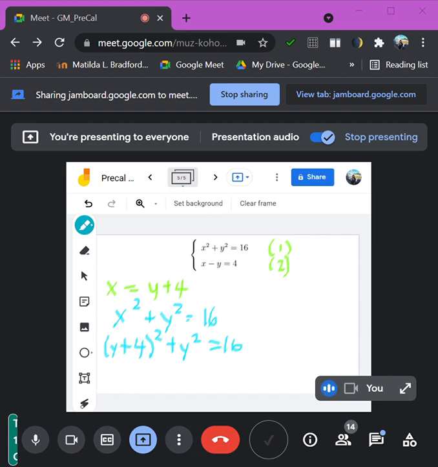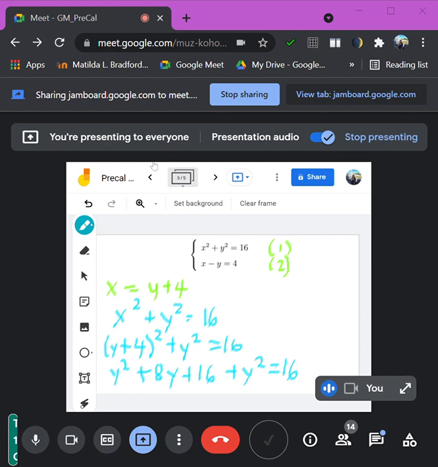But if you want it simpler, you can use this technique. For your first term, you just square the first term, so you will have y squared. To get your second term, multiply 2 times 4, 8, times y, that is 8y. If you don't like using the FOIL method, you can use this instead. And then square the 4, that is 16. And then plus y squared is equal to 16.